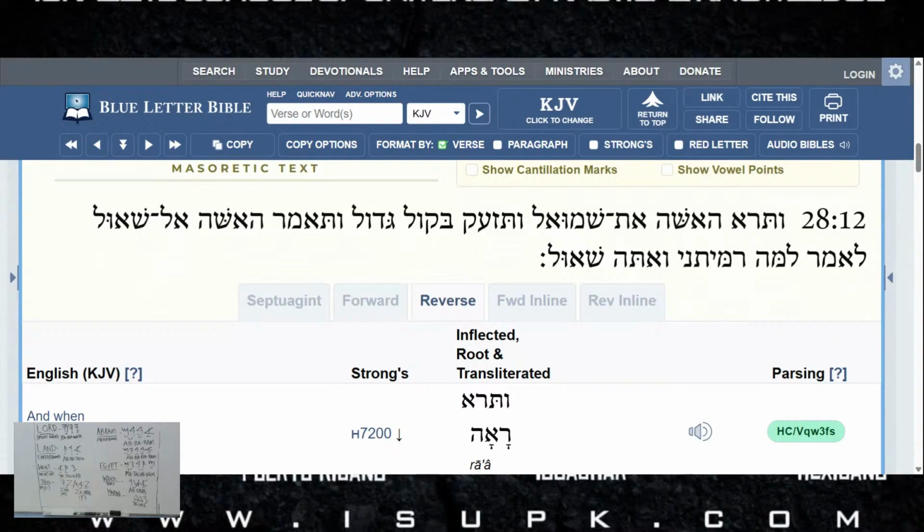Quatas, I want to take a shot at this one and I'll get the next one. This is the book of 1 Samuel chapter 28, verse 12. Wathara'a, Asha, Ath, Shemo, Wa'al, Shema Wa'al.